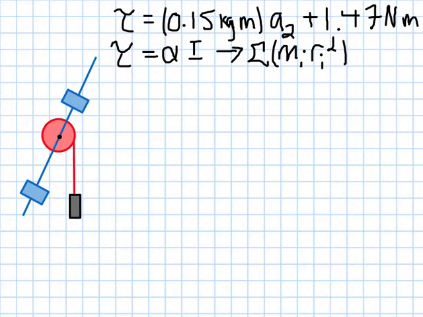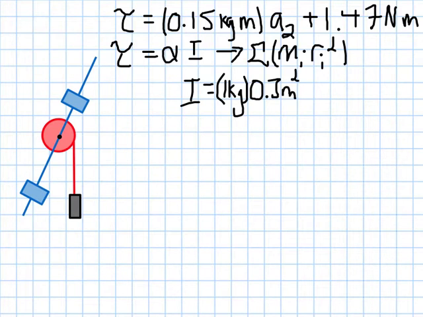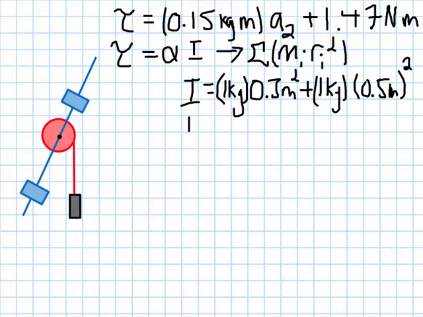So to calculate this moment of inertia, we have a 1 kilogram mass located at 30 centimeters, which is 0.3 meters, and we need to square that from the center of rotation. Add to it the other mass in the system, also 1 kilogram, but this one is 0.5 meters from the center of rotation, and we need to square that.